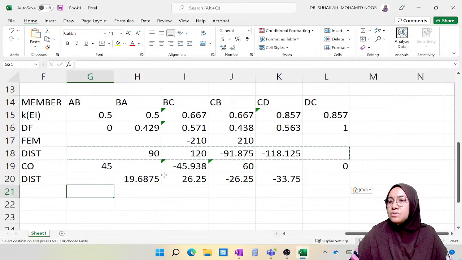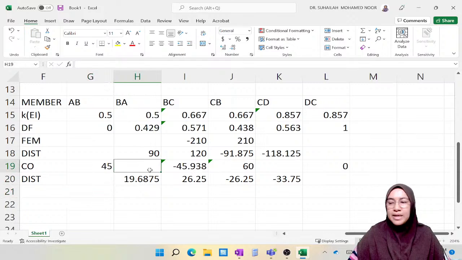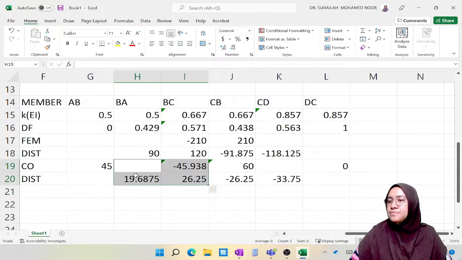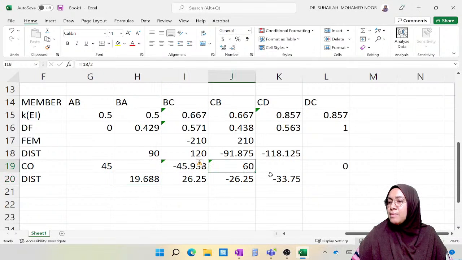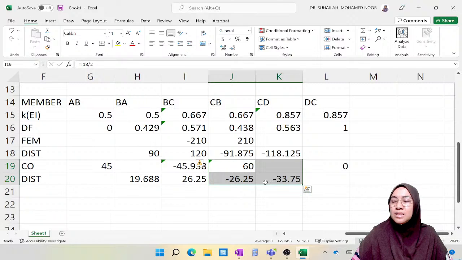So we can check these 4 values. Is the total 0? Negative 45.938, 19.6875 and 26.25. We must check whether it is equivalent to 0. Same goes to this: 60 minus 26.25 minus 33.75.